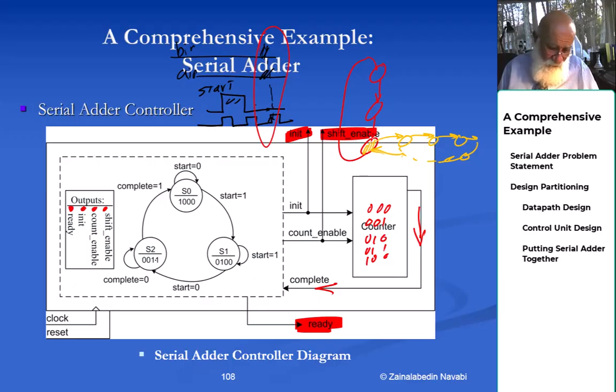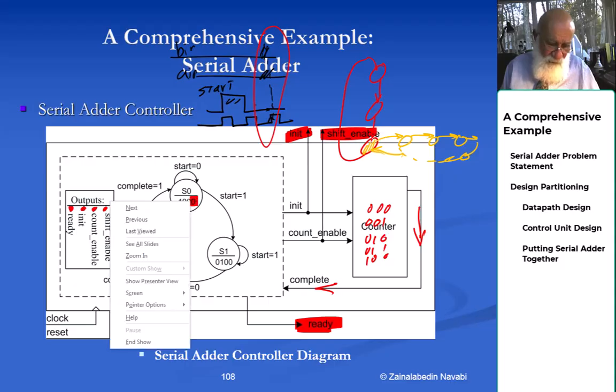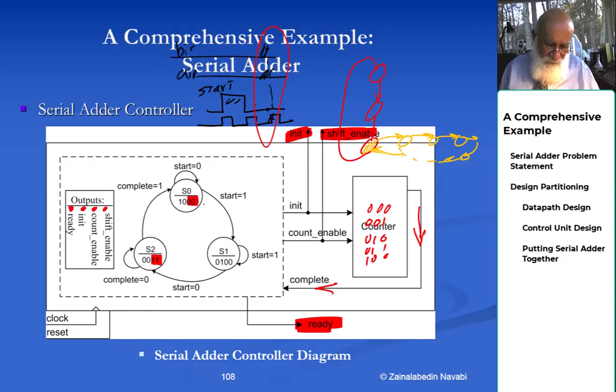If you look here, this is shift enable and count enable, but shift enable and count enable are the same. Therefore, instead of creating 2 signals, I have 1 signal that I'm using both for count enable and shift enable. Which is okay. I can do that. If you want to generate 2 signals, it's the same thing too. Alright, that becomes my controller.